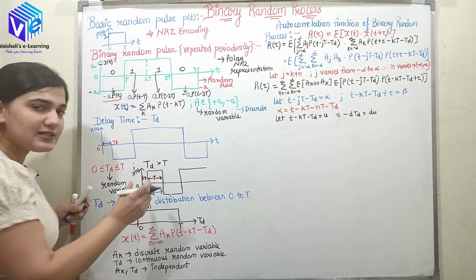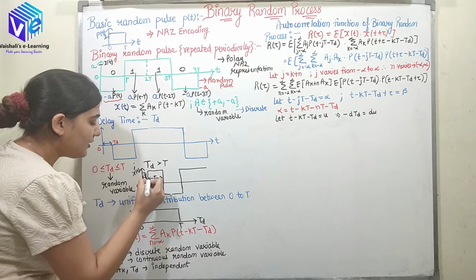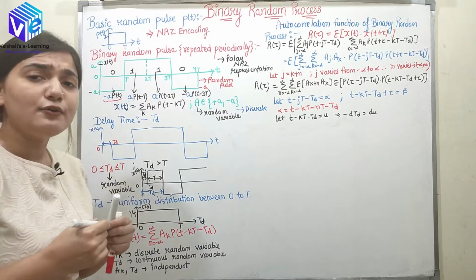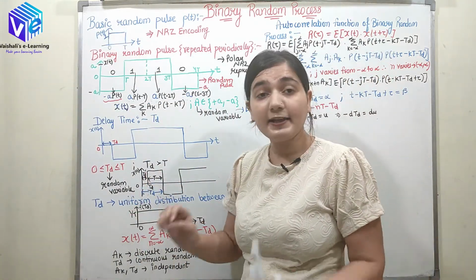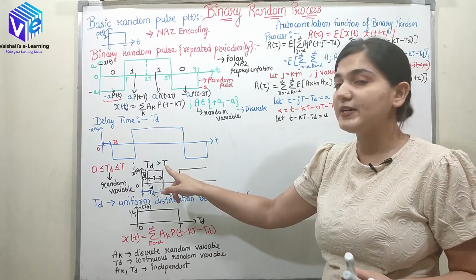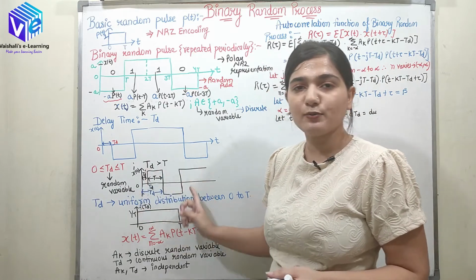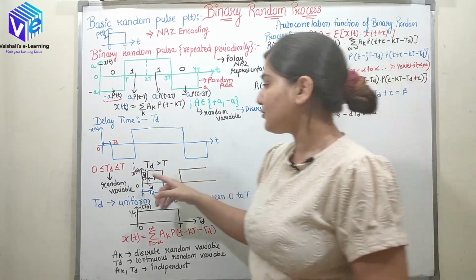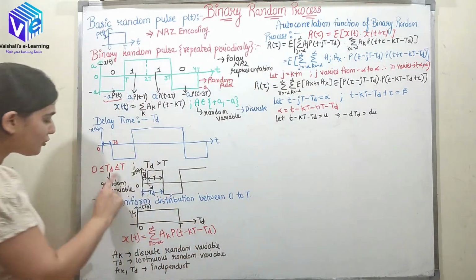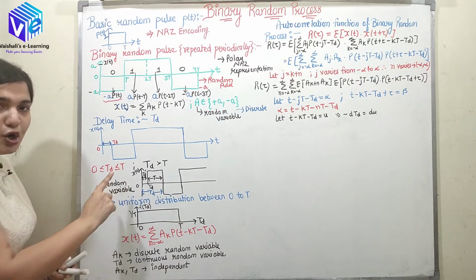Here the pulse has started, and this remaining time is the new TD dash. So TD can never be greater than capital T. Whenever it is greater than capital T, a new pulse will be generated and it will again be lesser than capital T. So TD is also a random variable which lies between 0 and capital T.